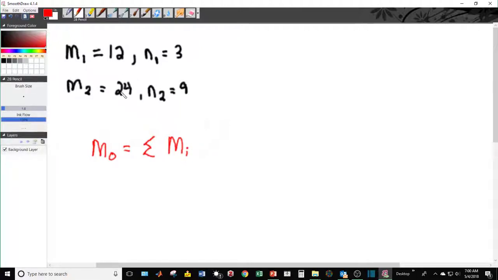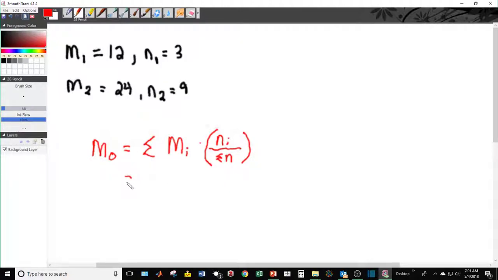So in this case, it's both 1 and 2. We multiply the mean for group i by the sample size of group i divided by the total number of scores in the sample, summing across all groups.